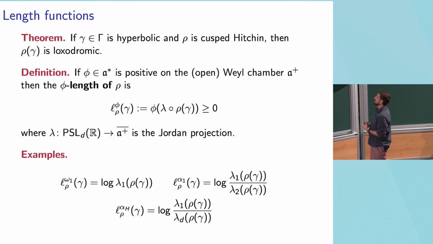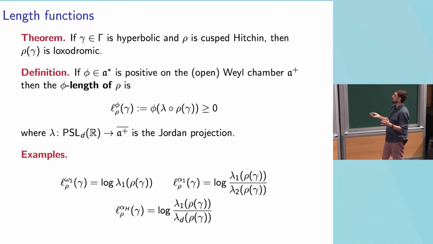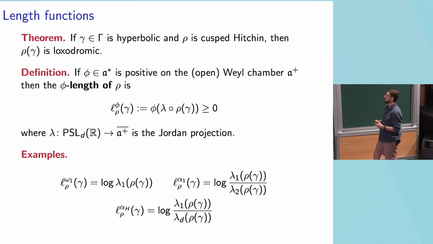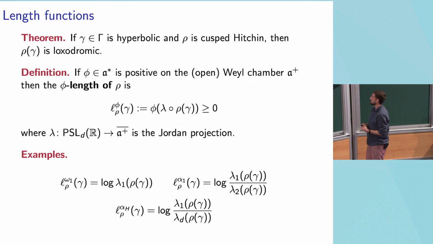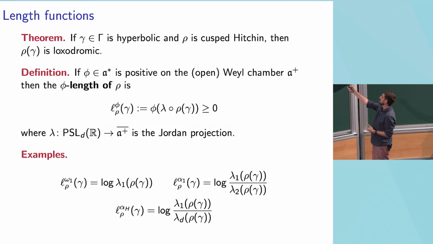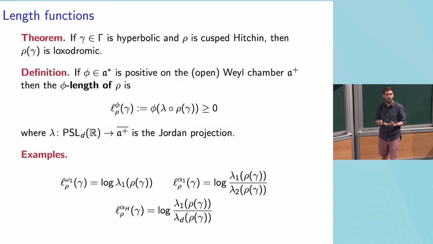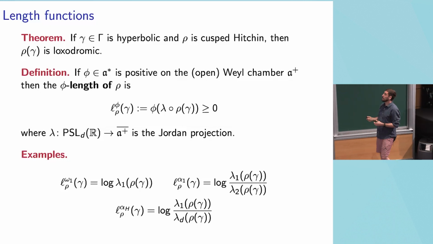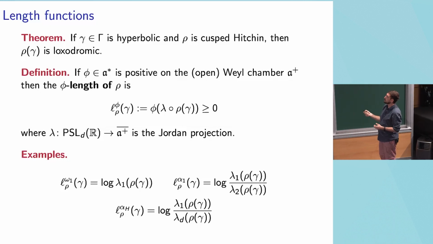I can take some functional phi on the Cartan subspace which is positive on the open Weyl chamber, and then define a length function by taking gamma, applying rho, then applying the Jordan projection to record the eigenvalues, and then applying phi, because phi is an element of the dual. And since I have parabolic elements, here I have elements of length 0. So I need to be careful.